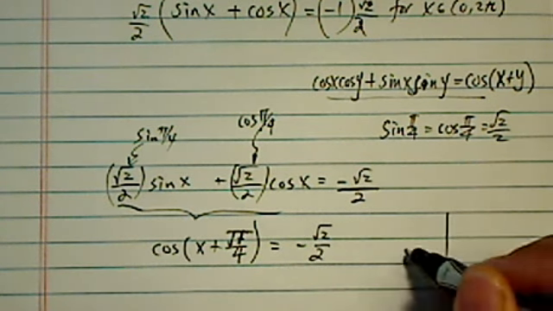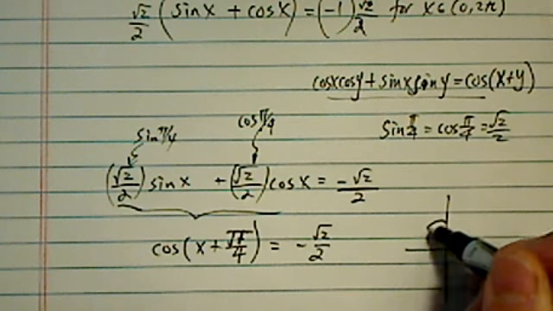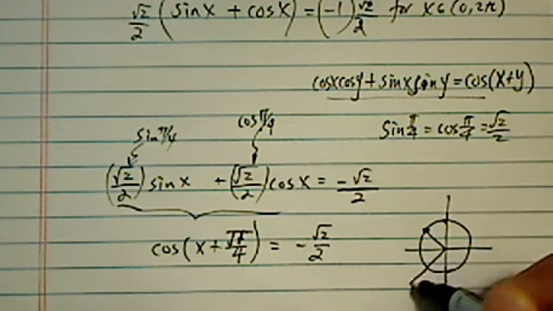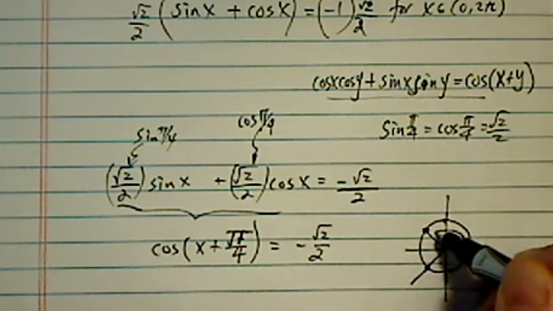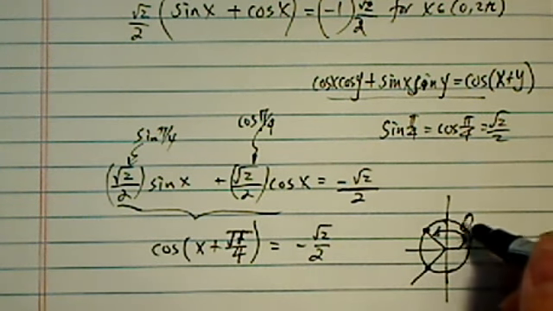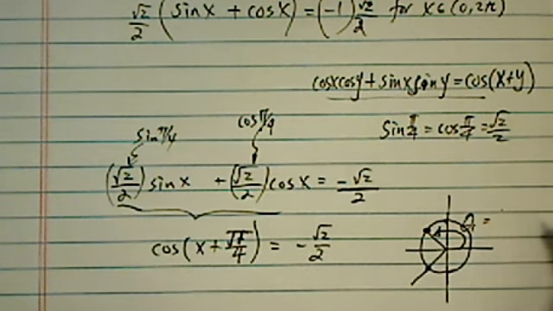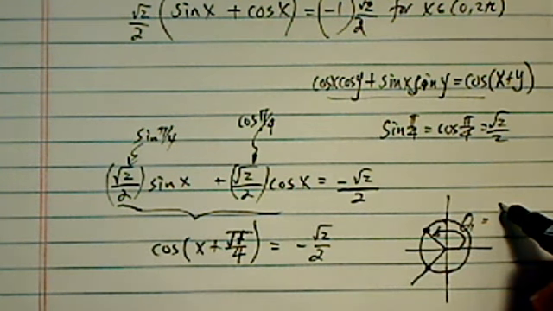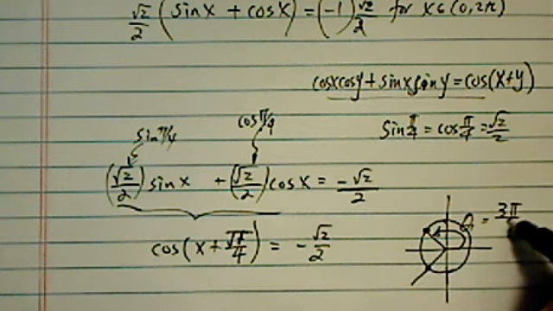For radical 2 over 2, you draw a unit circle, and for cosine, which is the x value, we have an angle here and an angle here. The first angle goes this way, let's call it theta 1, and that's equal to 90 plus 45, or let's write it in pi units, so it's 3 pi over 4.